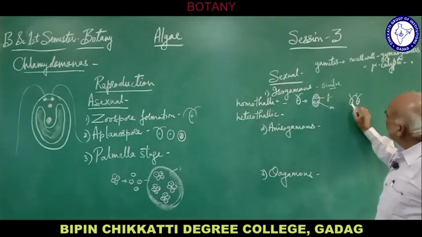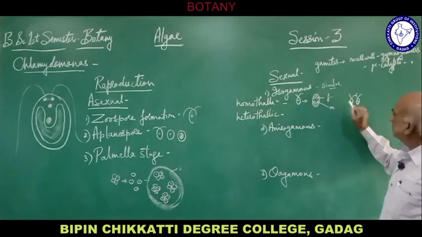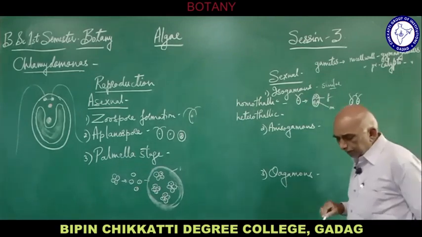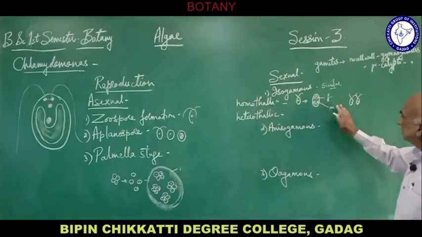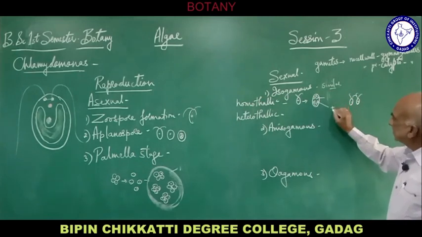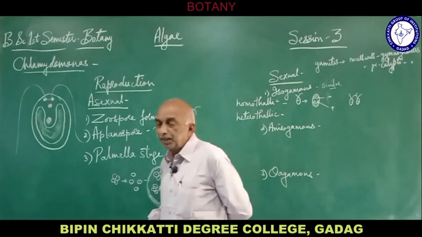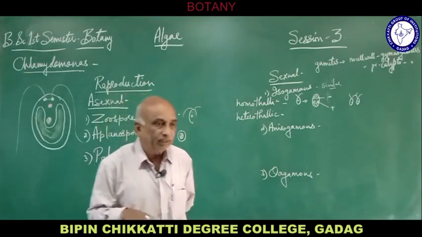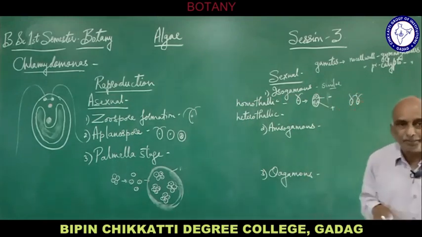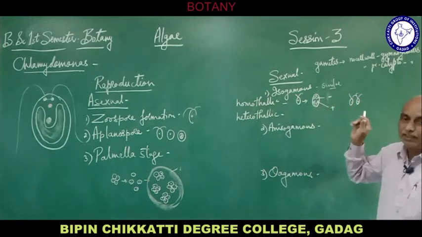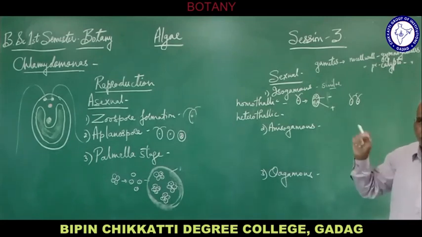However, both gametes are the same. The male gametes and the female gametes are the same. But here the words male and female are not used. Instead, plus type and minus type of gametes is what they are called, because the words male and female are used whenever the male or female reproductive system is well developed. But here there is no clear distinction between male and female.